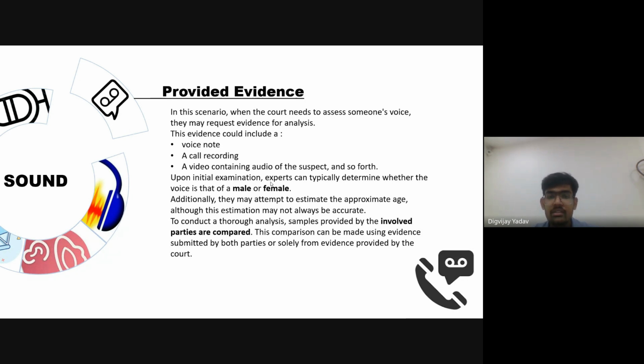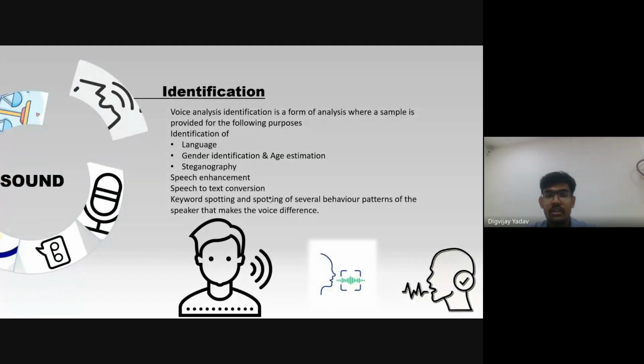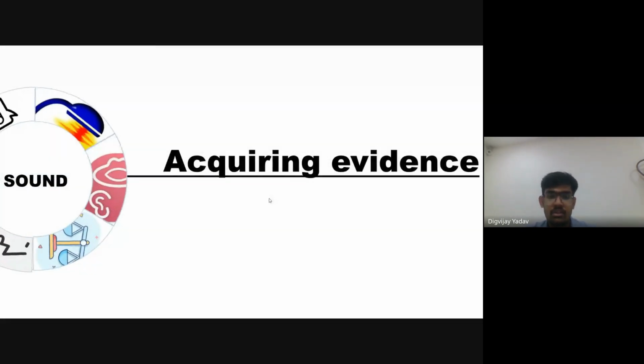Provided evidence can also be used just for steganography, or just for basic voice recognition and age estimation, as well as gender identification and language identification.